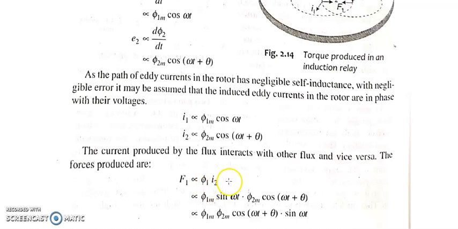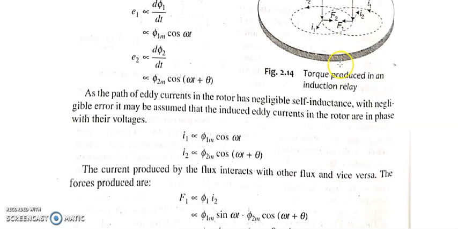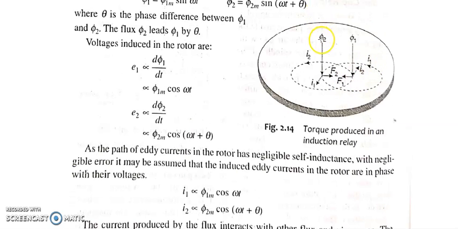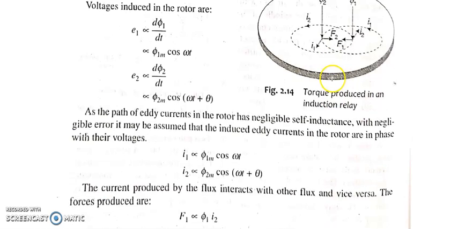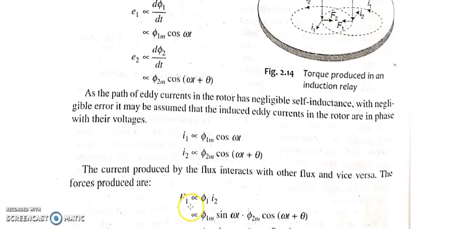It is not phi1 into I1, because I1 and phi2 will interact. Similarly, phi1 and I2 will interact to produce the force F1. It is not I1 and phi1 that give rise to F1. It is I1 and phi2 that give rise to F2, whereas phi1 and I2 give rise to F1.